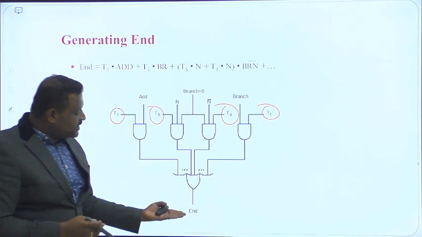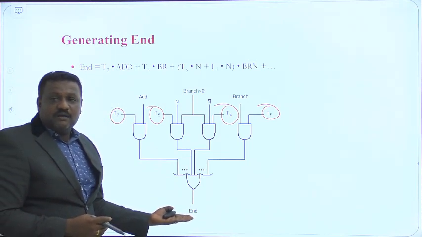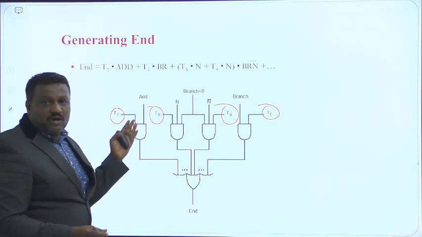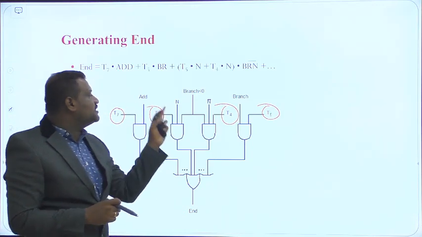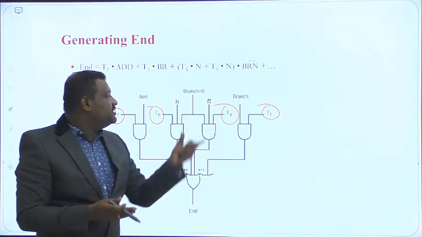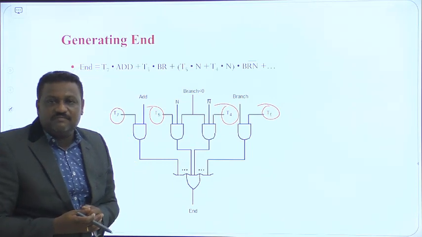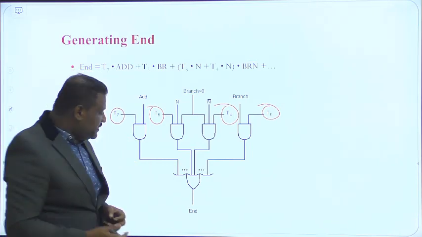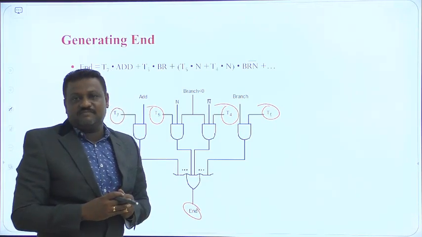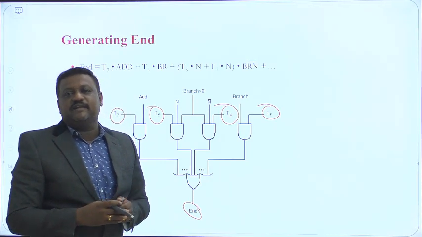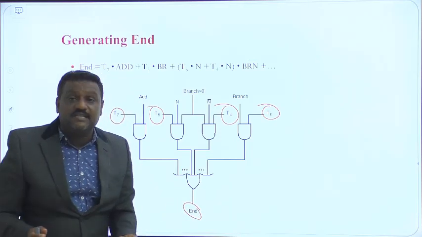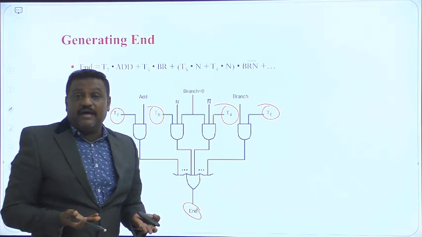Sometimes this signal is combined with different signals like N bar and branch if less than 0, meaning it is conditional or unconditional. So the End signal is also activated in different time instants, like the previous case Zin. Zin as well as End are control signals produced by my encoder circuit.